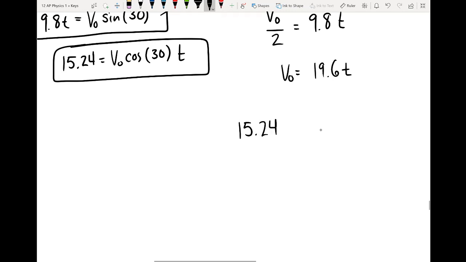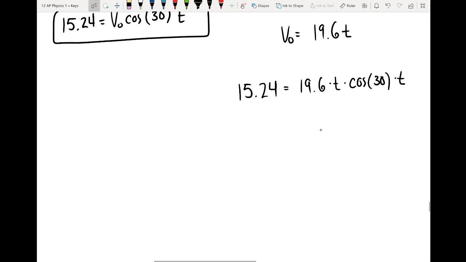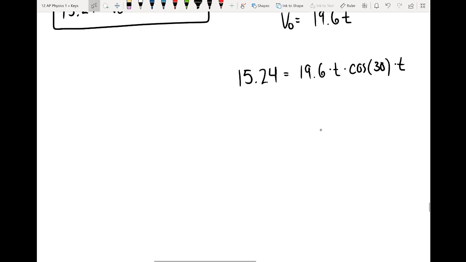15.24 equals 19.6 times t times cosine of 30 times t. So we'll say 19.6 times cosine of 30 is equal, yeah, I think I multiplied them last time. Okay, that'll do it.